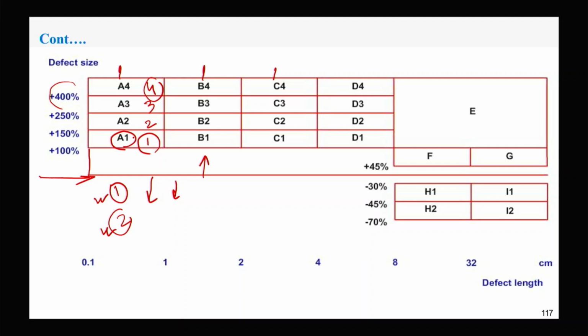B is longer than A, similarly C is longer than B, and so on. What does E mean? E means it's a very thick and very long fault, a long thick fault, which we call a slab, which is totally unacceptable.